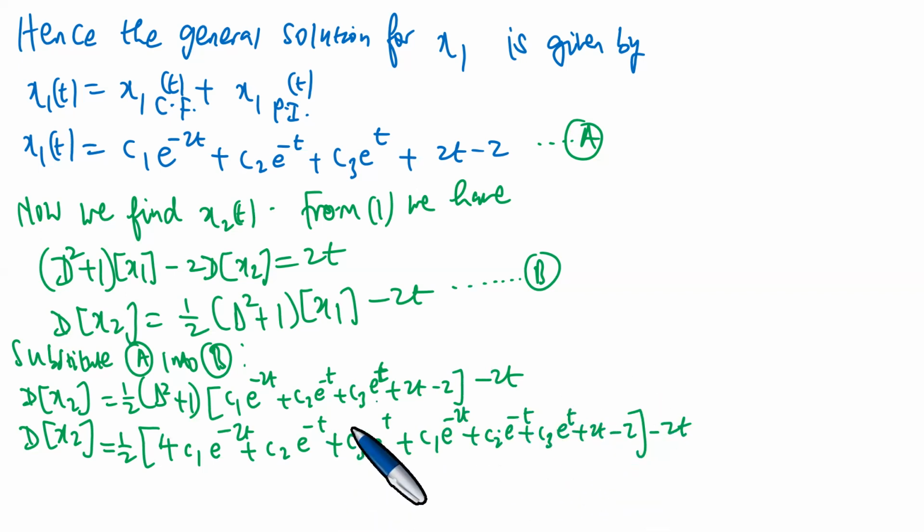And then we have this one, which is actually the twice t. So it's going to be twice t, which is dx2.